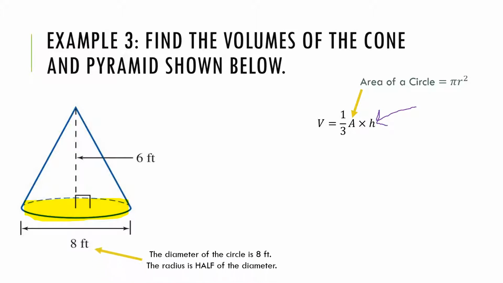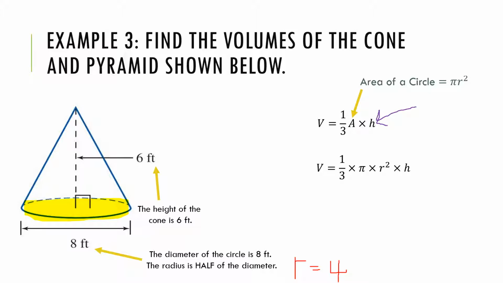Since the diameter of the circle is 8 feet, we know the radius is half of the diameter, so the radius is 4. The height of this cone is 6 feet. So let's plug in 4 for the radius and 6 for the height.